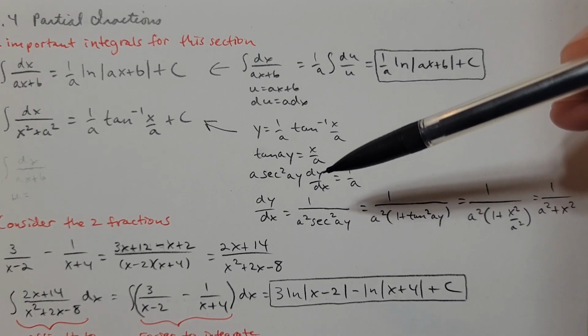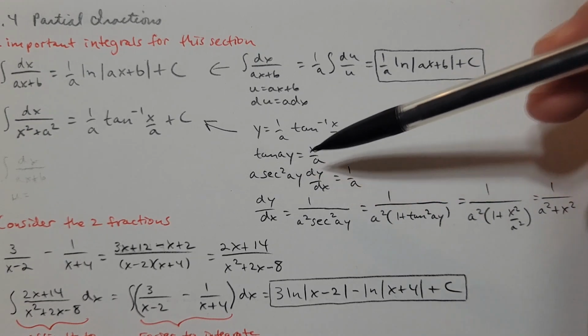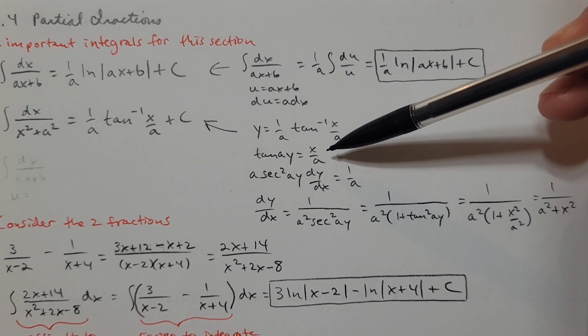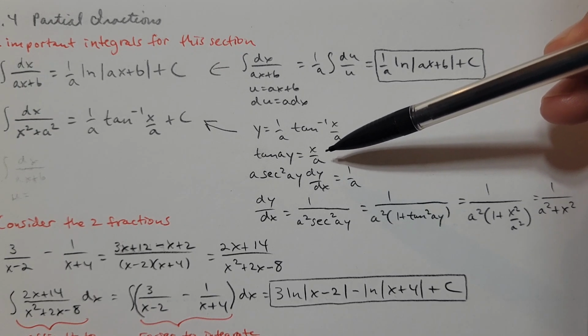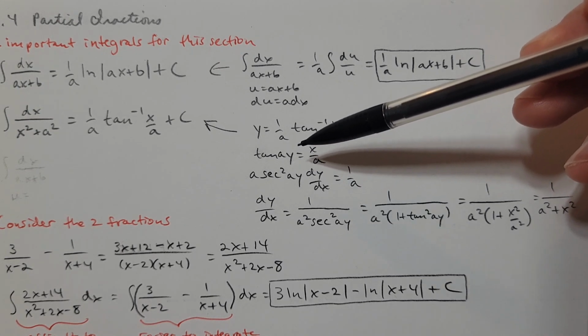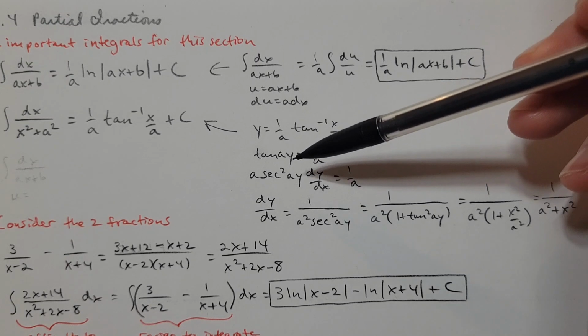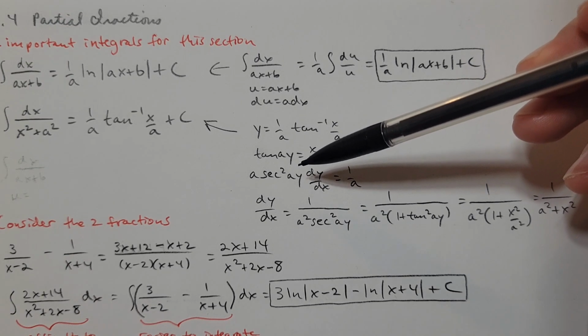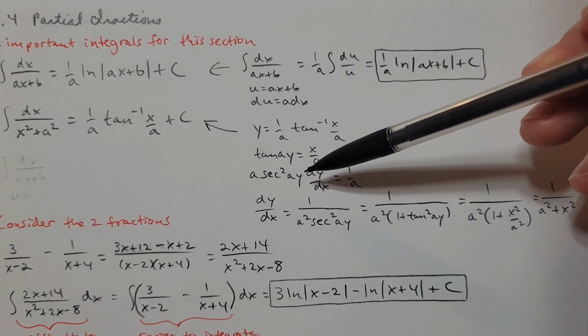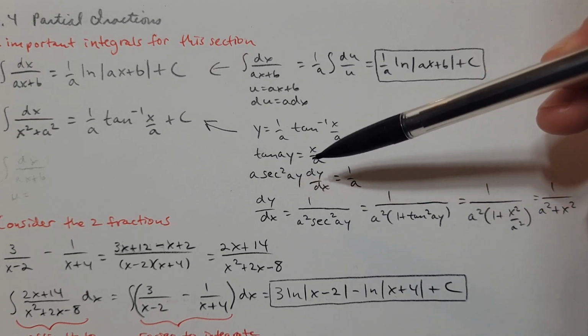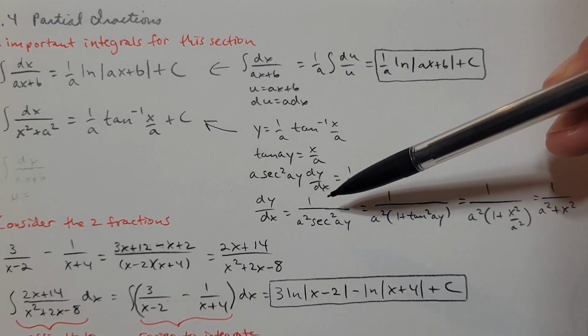So I'm going to use implicit differentiation, right? Because this equation here is not solved for y. So the derivative of tangent of a times y is secant squared a times y times the derivative of ay is a, and then times dy dx.